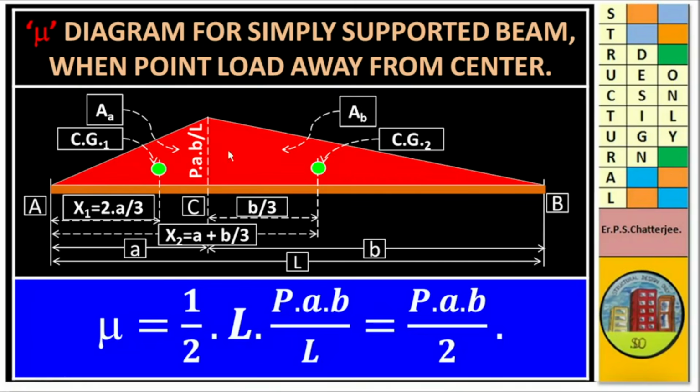Here it is a triangle and the height is equal to MC, which is P into A into B by L. So mu is equal to half into L, that is base, into P into A into B by L, which is equal to P into A into B by 2. This L will be nullified.